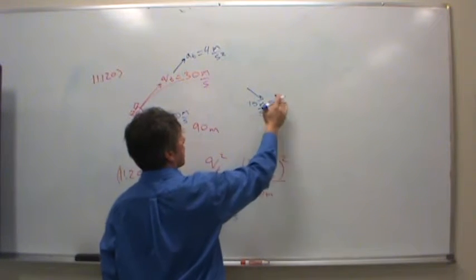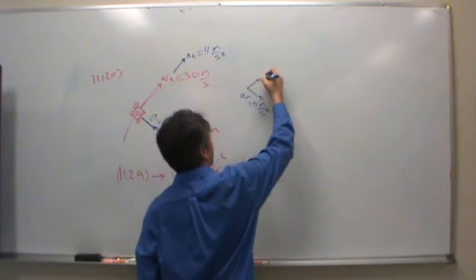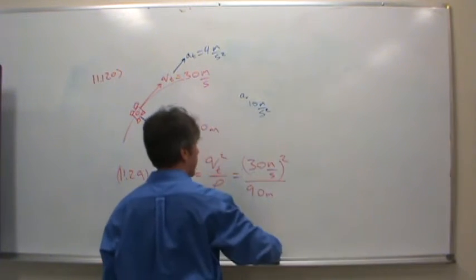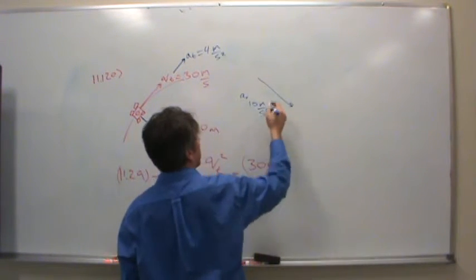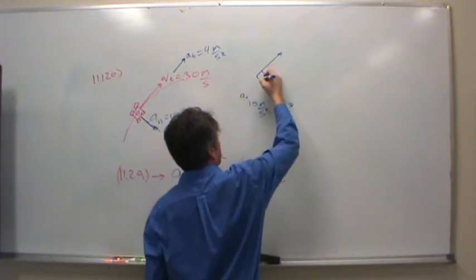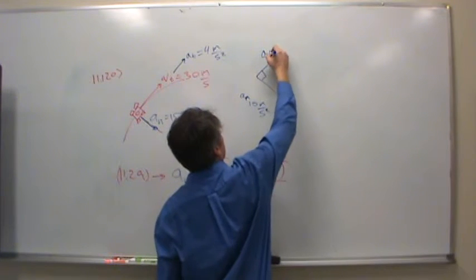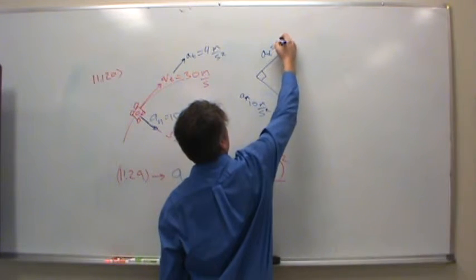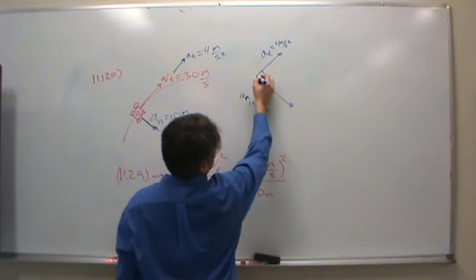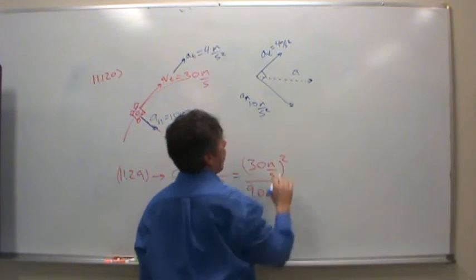Let me move that over here. You could add to it the 4. Let me make those a little bit larger. Try to draw it approximately to scale. You could add to it, which by the way is at a right angle, the tangential acceleration of 4 meters per second squared. And by combining these two vectorially, you would have a total acceleration.